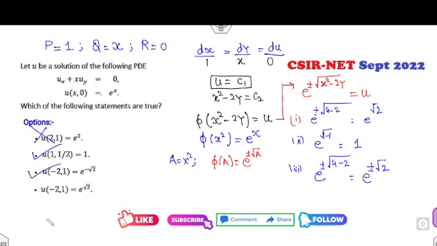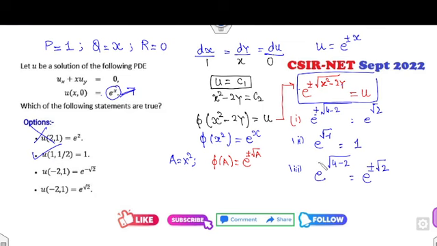So minus root 2 is also possible and plus root 2 is also possible, but just wait, let's see whether both answers are correct or not. This is my solution. Fine. Which case will satisfy this part? When I take y equal to 0, this will be e raised to the power plus or minus x. But we need only positive x, that means this solution is defined only for positive x.